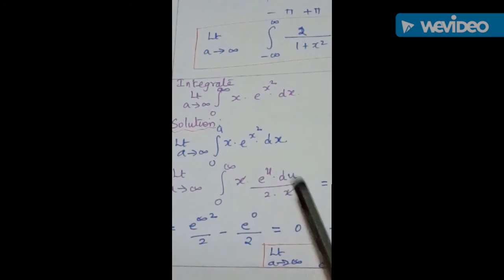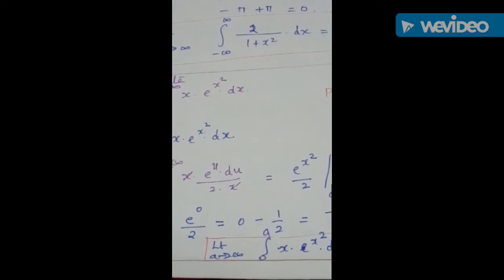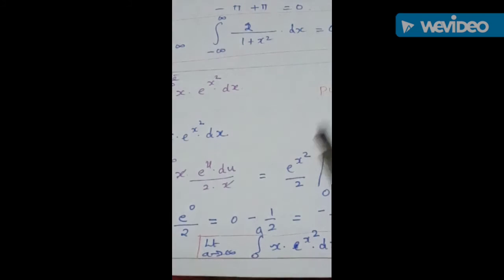Then this x and that x get cancelled and you get e power u, which is e power x squared, divided by 2, with limits 0 to infinity.